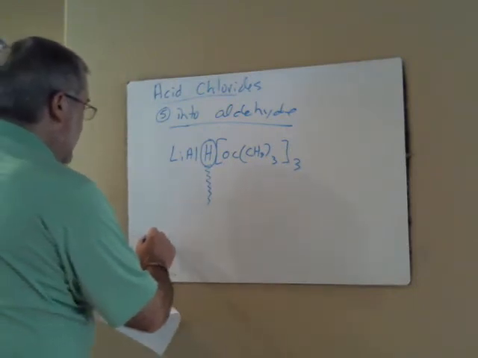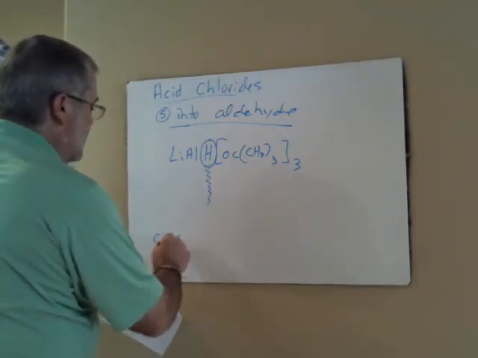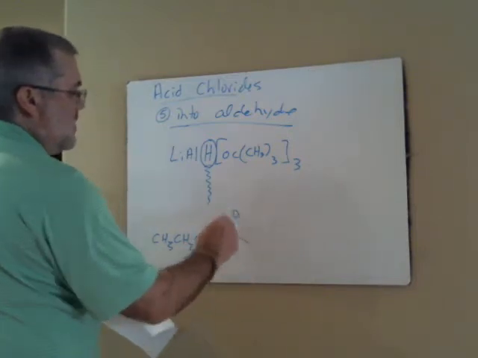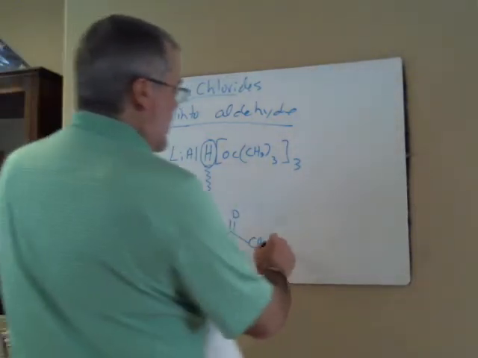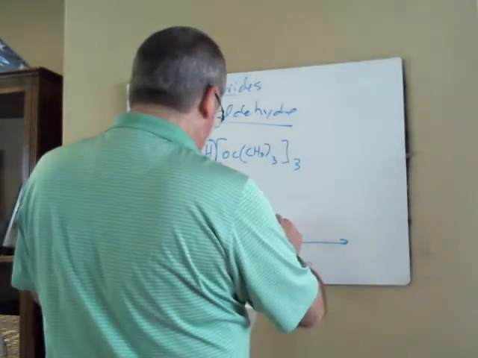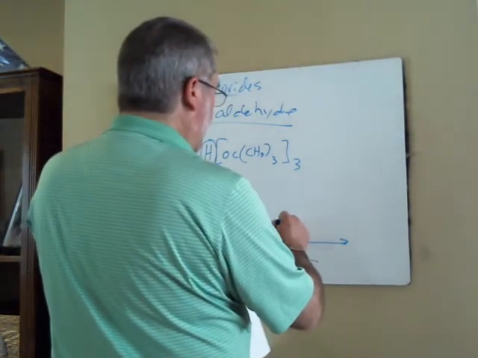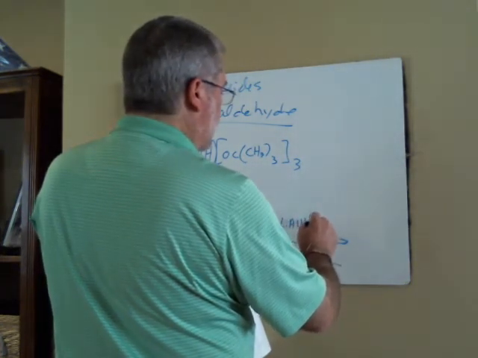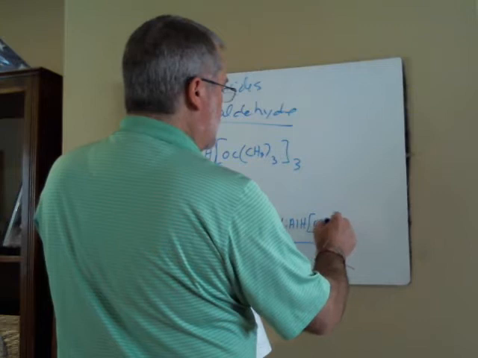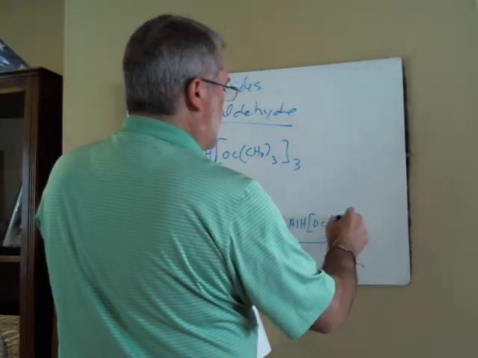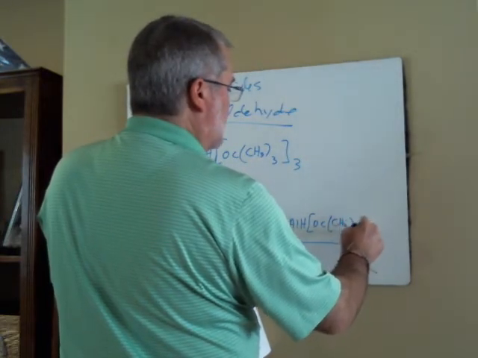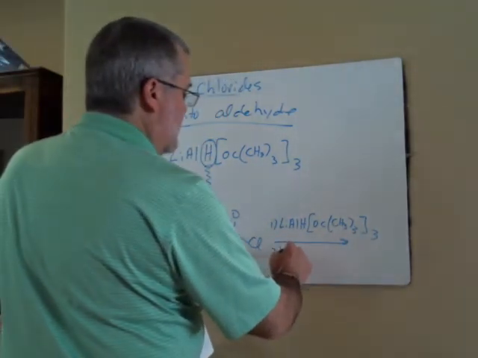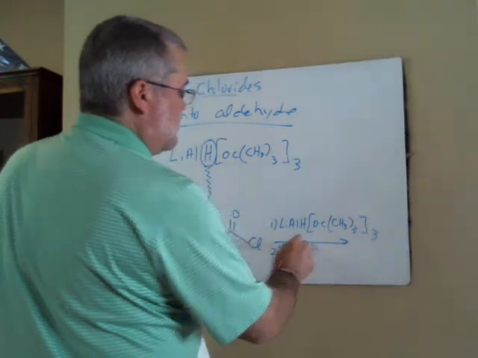So therefore, and this is for your flashcard, if you had an acid chloride like this, the reagent would actually be shown like this on the test, written out completely to demonstrate the bulk of this, followed by the acid workup.